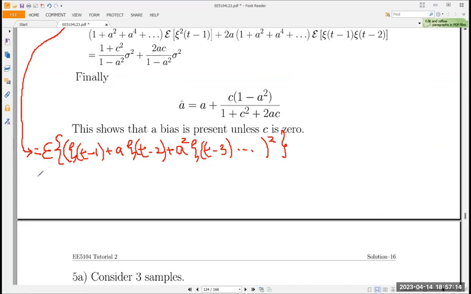So this one should be equal to, you will have this square. So there will be a value here. Then this times this, you will also have a value. Then this times this, you will get 0. Just write it down.